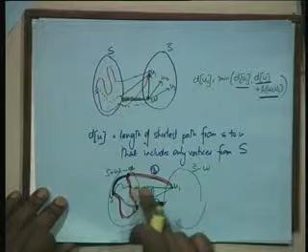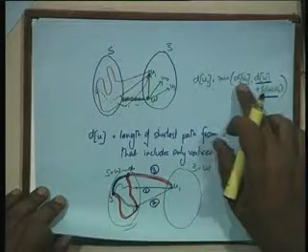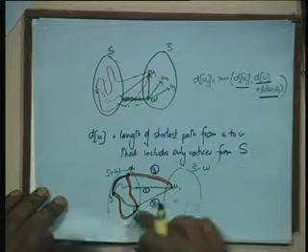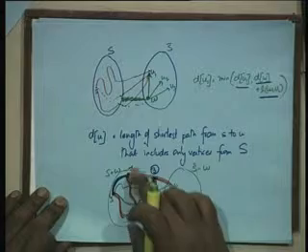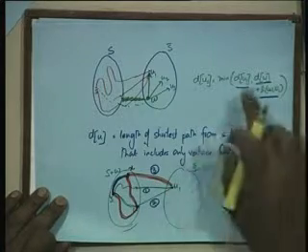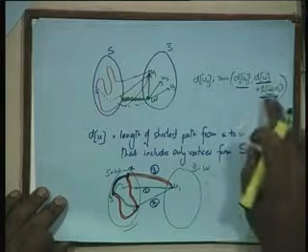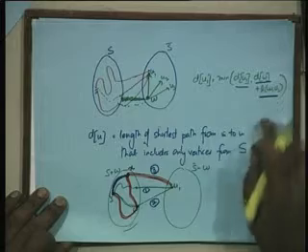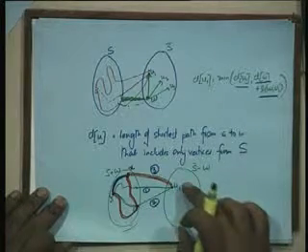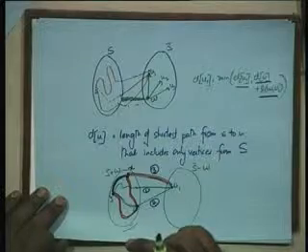If it does not include the vertex W, then the length of such a path is no more than d of u1. If it includes the vertex W, then its length is exactly this, case 2. And so, the minimum of these two quantities is the length of the shortest path from S to u1, which only includes vertices of S plus W.